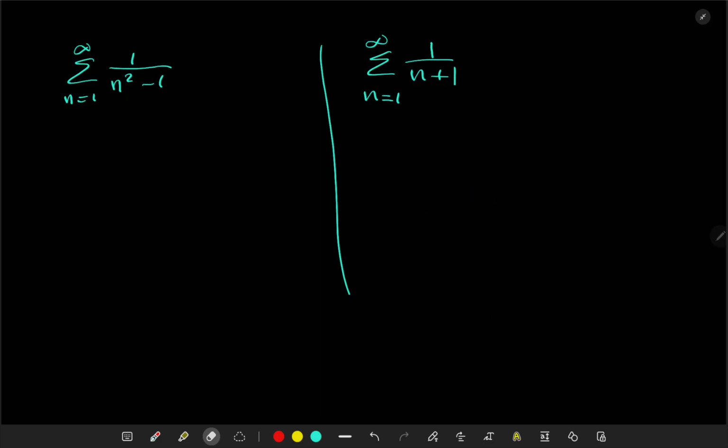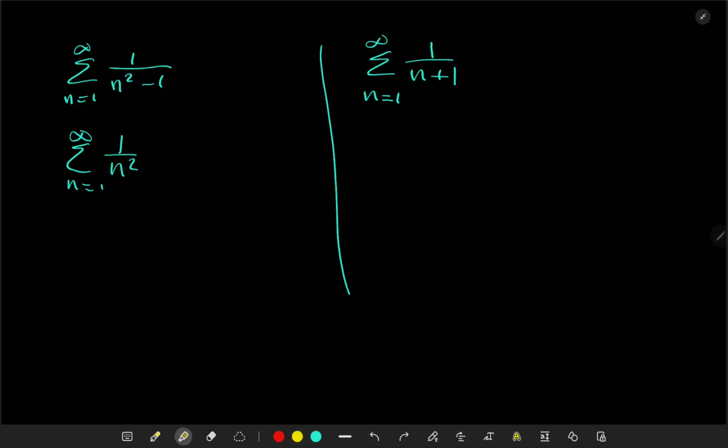The limit comparison test will help you determine when something converges or diverges by taking a limit. So how do you do that? Well, you would like to compare to the sum from n equals 1 to infinity of 1 over n squared.